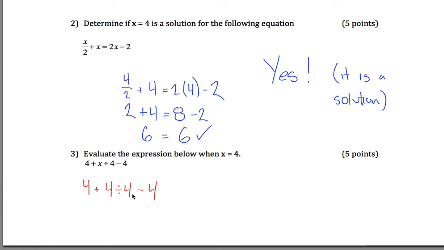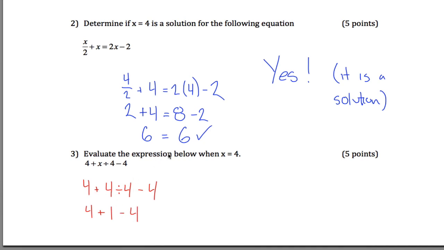You have to be a little bit careful here. You have to remember your order of operations. So I better make sure to tell you in class that you're going to have to remember your order of operations. It's tempting to do 4 plus 4 first, or 4 minus 4 or something, but you don't. You do multiplication and division before you do addition and subtraction. So really what we do is we say 4 divided by 4 is just 1.